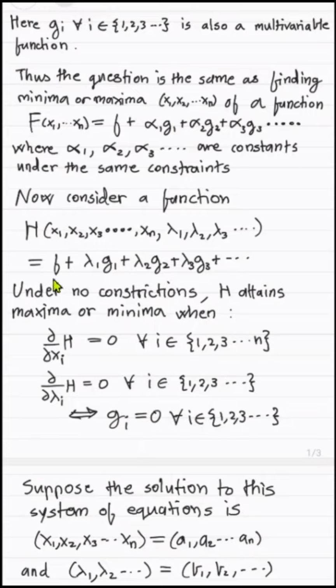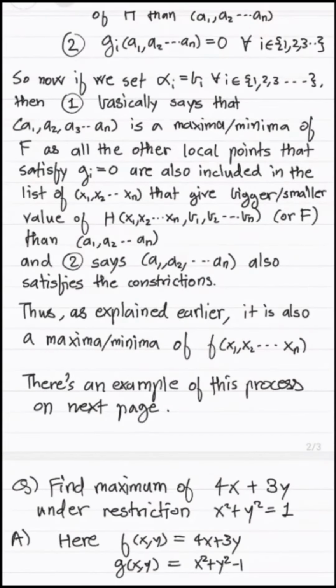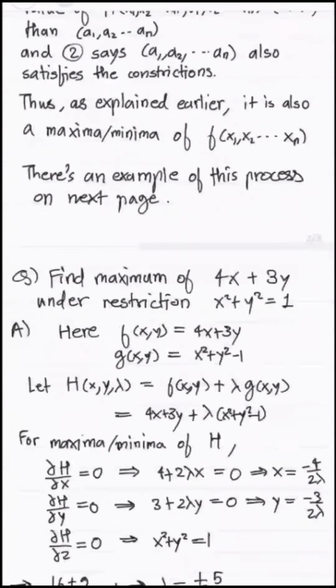Whatever values you get for our ai, that is the maxima or minima for our small f and capital F. All of this basically says the same thing.